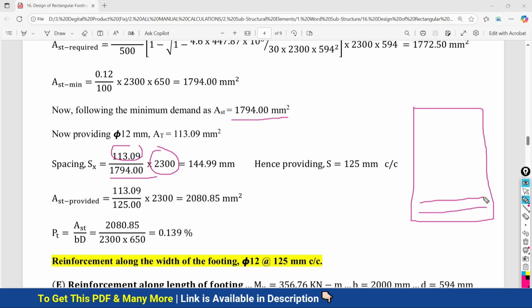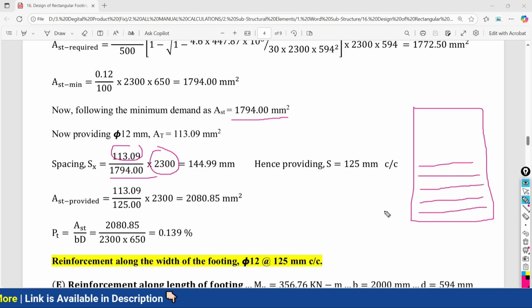But guys, try to understand, this reinforcement is going to be distributed along the length, remember. So everywhere we are considering length, because it is going to be distributed over the length.